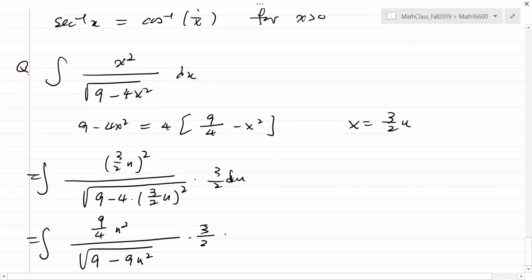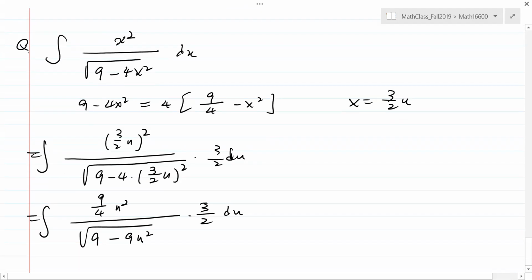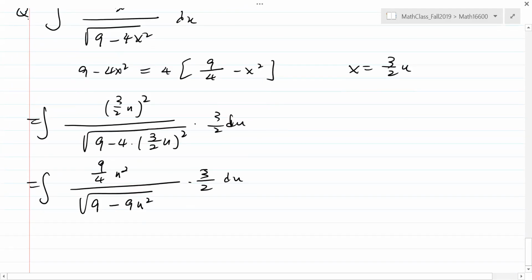Here's 3 over 2 du. So you will get 3 out of the radical. The 3 cancelled out. I think you take a 9 out here. I think 4 and 2 can be taken out, 8. And that will be u squared times the square root of 1 minus u squared du. Okay. Double check, yes. Okay, that's correct.